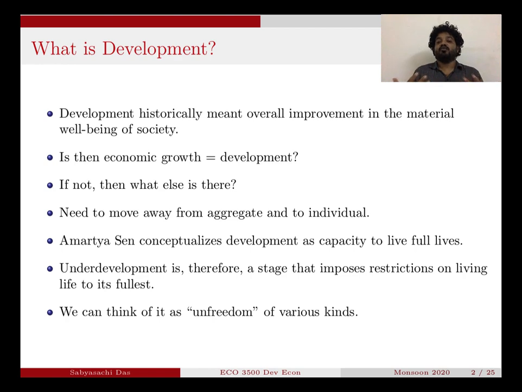So basically, we want to understand, is economic growth the same as having development? Now, this equation of growth with development has been questioned since the very inception of the idea of development, or the idea of incidence of poverty and its desirability to reduce poverty.